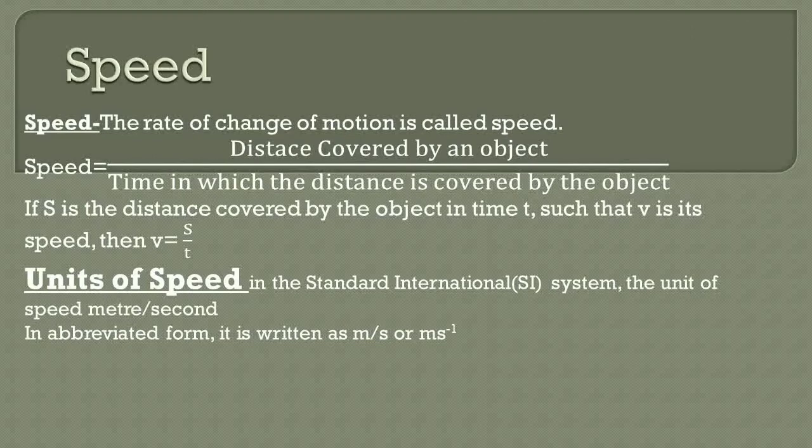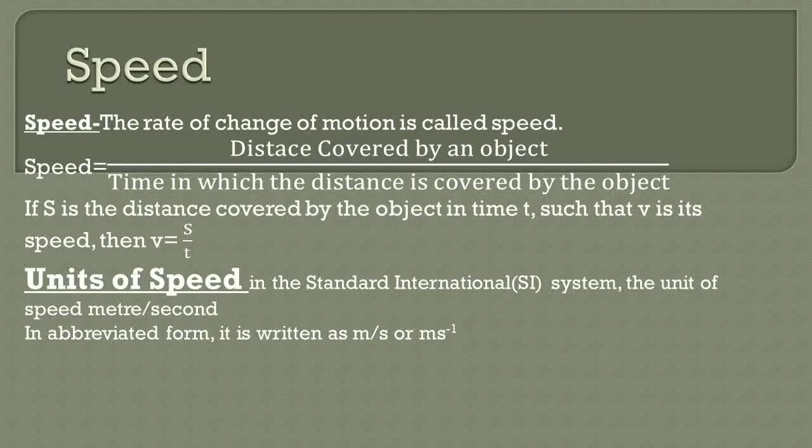Okay, now the units of speed. In the standard international system, the SI system, we can find the unit of speed from the formula: speed is equal to distance upon time. The SI unit of distance is meter and the SI unit of time is second.